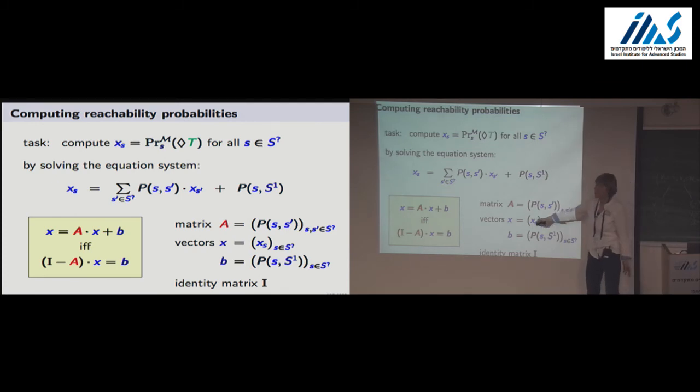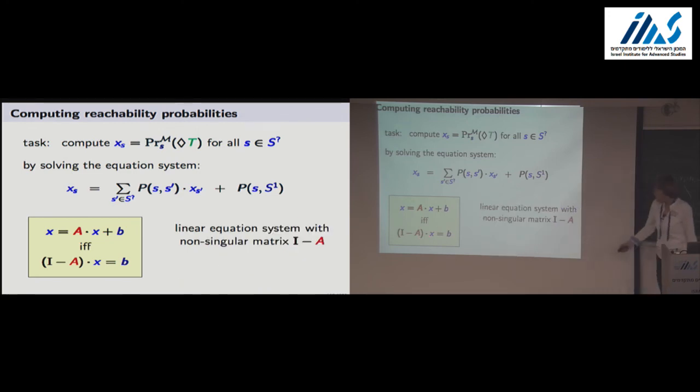If I means the identity matrix, then this means (I minus A) times x equals b. And indeed, with this preprocessing, with this filtering out the states that cannot reach the set S0, this matrix is non-singular, which means it has a unique solution.